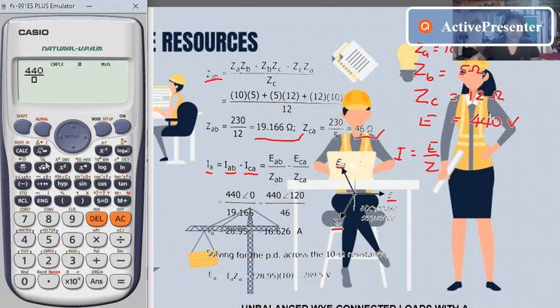So 440 with an angle of 0 for our EAB, divided by our ZAB answer that we solved earlier, which is 19.166, minus ECA, which is 440 with an angle, based on our phase sequence, of 120 degrees, divided by the ZCA we solved earlier, which is 46 ohms.